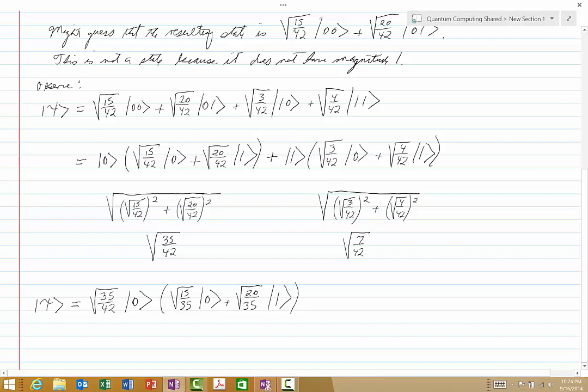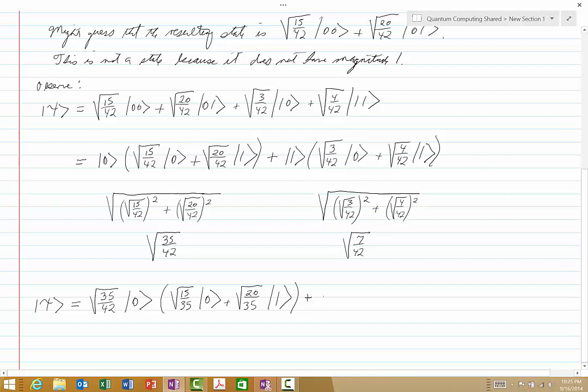Now we'll do the same kind of procedure with the second term, and if you're feeling brave, I would encourage you to stop the video for a moment and try to do this for yourselves and then come back. Okay, so in this case, we want to normalize this so that it has a magnitude of 1. We've already seen that its magnitude right now is the square root of 7 over 42, so we're going to divide by that number, but then we must multiply by that number.